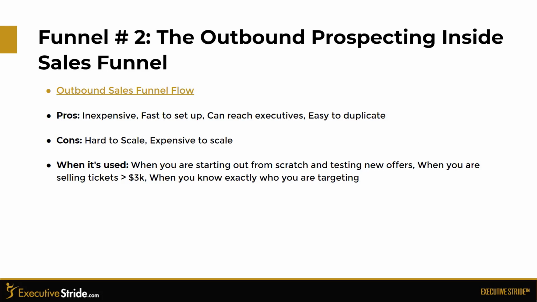So if you don't know who you're targeting, it's sometimes good to start with a wider net, something like paid ads. But if you know exactly who you're targeting, a lot of the time it's best to start off very direct, and then you can transition to adding in more paid ads and another funnel afterwards.